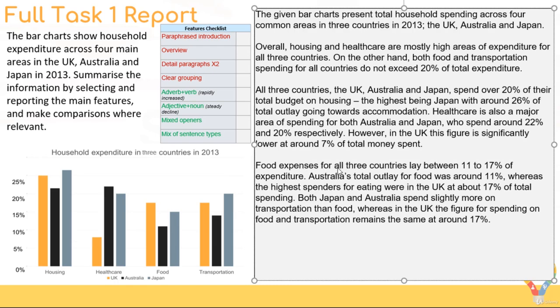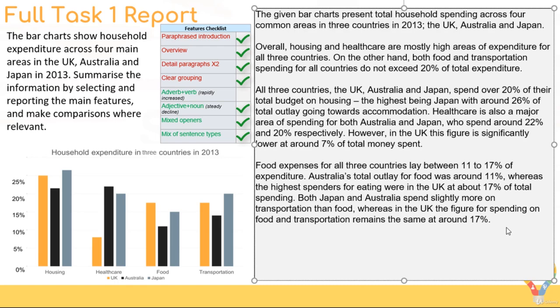Food expenses for all three countries lay between 11 to 17% of expenditure. Australia's total outlay for food was around 11%, whereas the highest spenders for eating were in the UK at about 17% of total spending, which is here. Both Japan and Australia spend slightly more on transportation than food, whereas in the UK the figure for spending on food and transportation remains the same at around 17%.